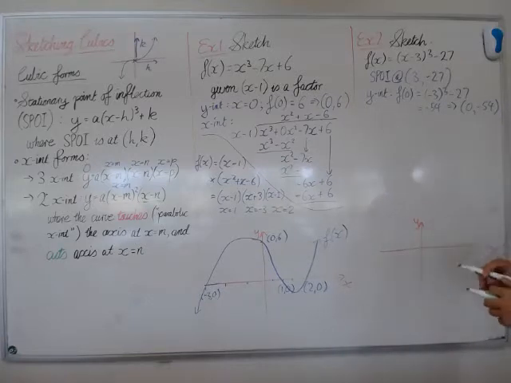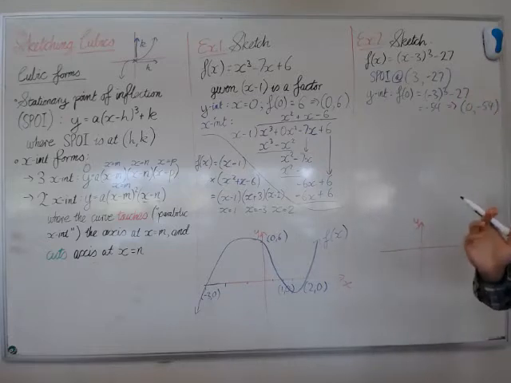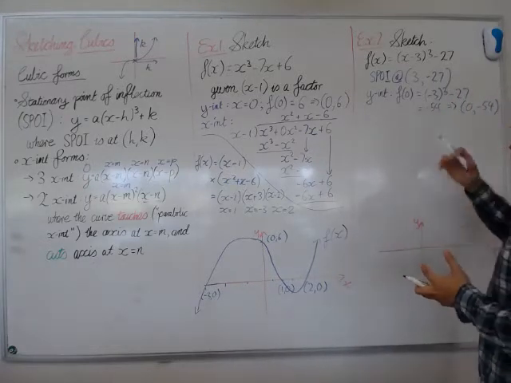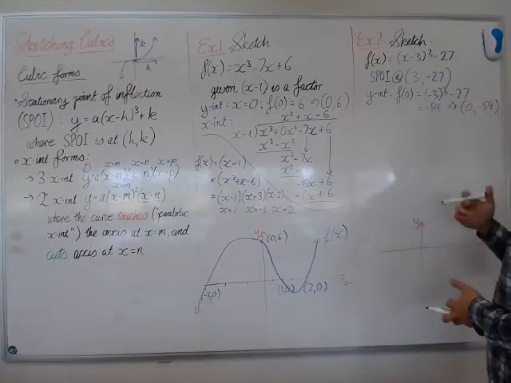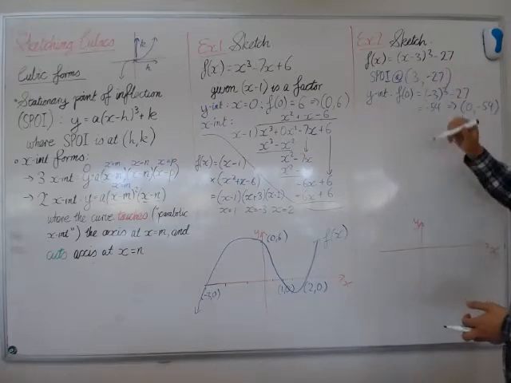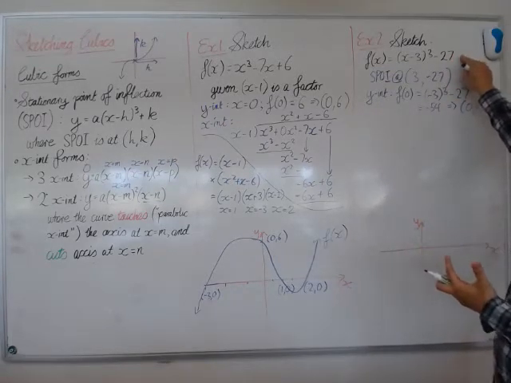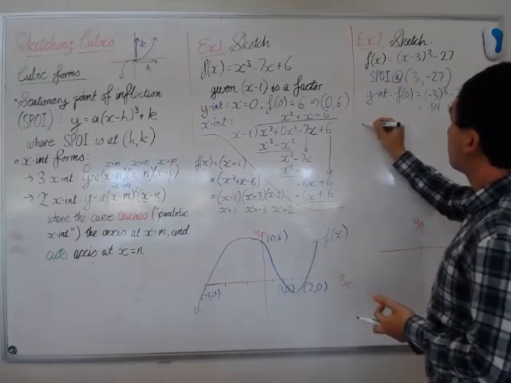Now from here, x-intercept can be a little bit tricky. First of all, let's just recap something. Remember the difference of perfect cubes. It's actually very convenient to use whenever it's in SPOI form, whether it's a difference of perfect cubes or even the sum of cubes. Or they don't have to be perfect cubes, just cubes. So this is the difference of cubes.